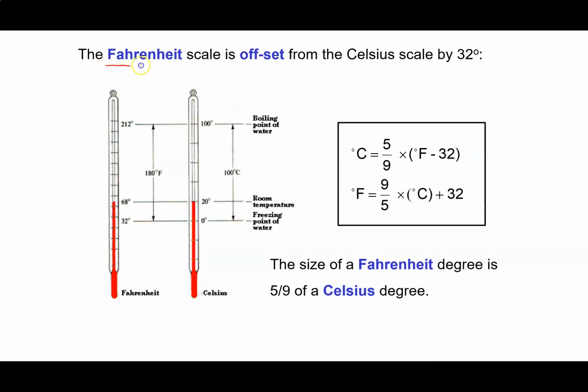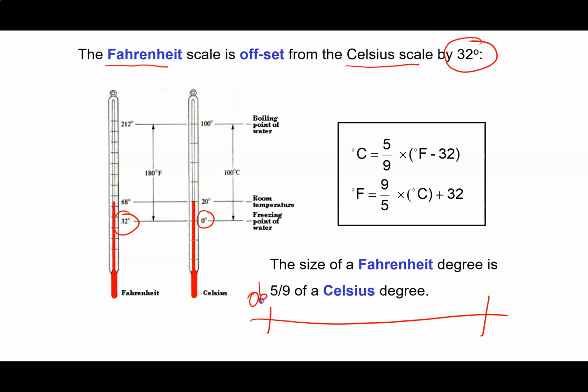So the Fahrenheit scale has a different 0 point than the Celsius scale. The two scales are offset by 32 degrees. On the Celsius scale, water freezes at 0 degrees Celsius, but on the Fahrenheit scale, water freezes at 32 degrees Fahrenheit. Now this is a little weird, because if we consider any of our other scales other than temperature, all of the scales have the same 0 point.